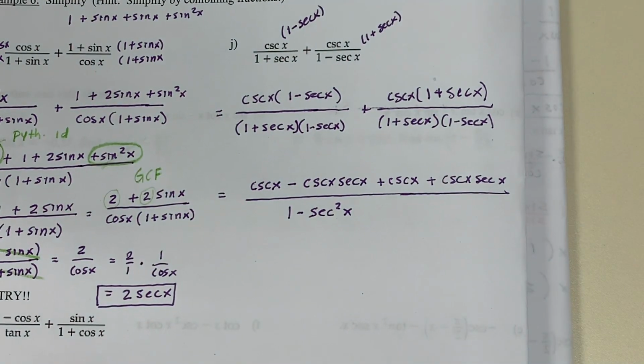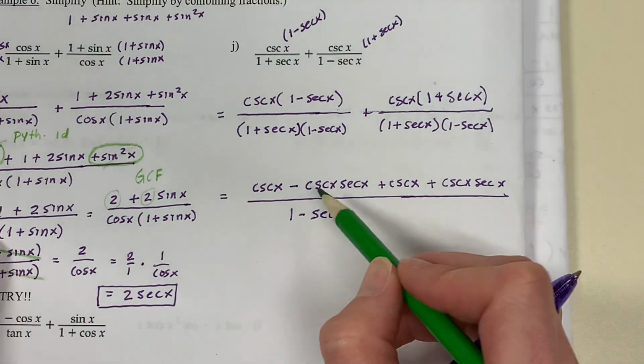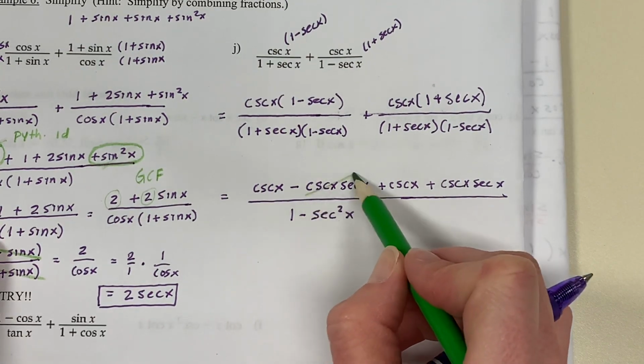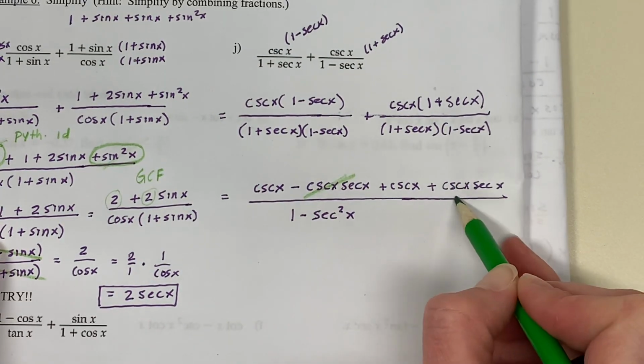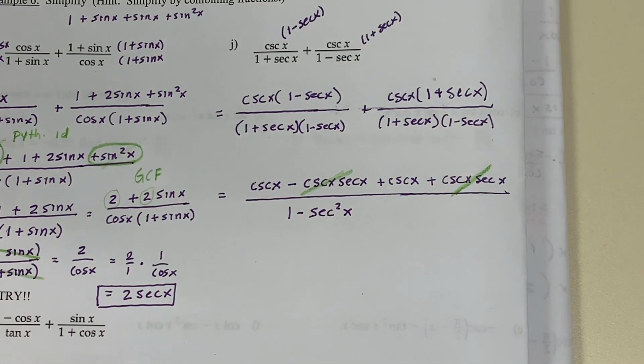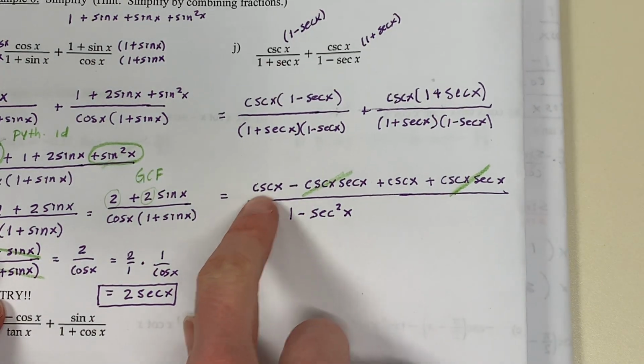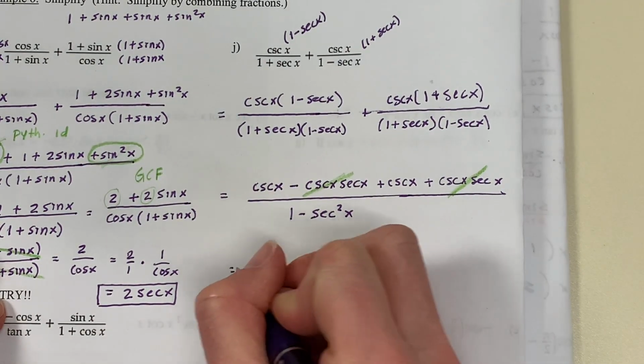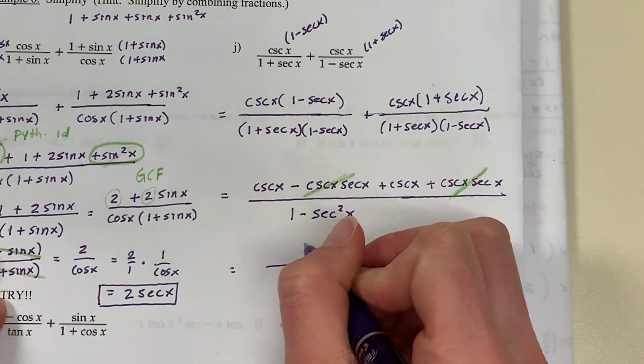I can simplify in the numerator. Notice I have a negative cosecant x secant x and a positive cosecant x secant x. Those go away, it's 0 when you add those together, and I'm left with cosecant x plus cosecant x. That is equal to 2 cosecant x.